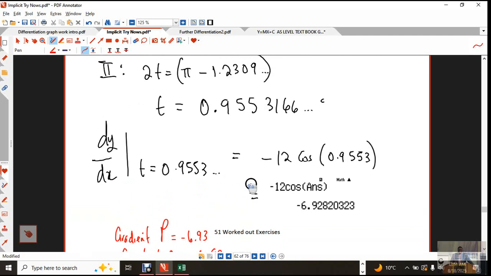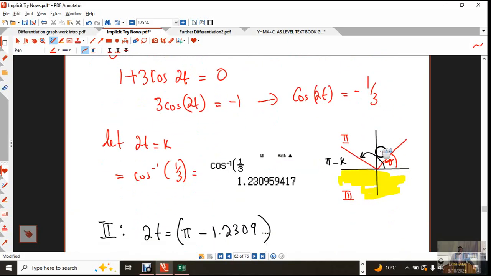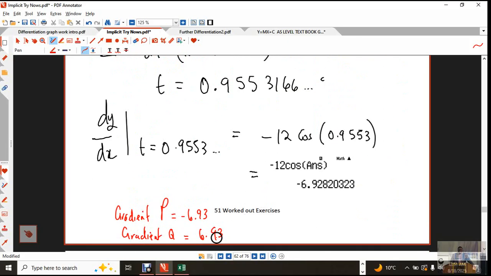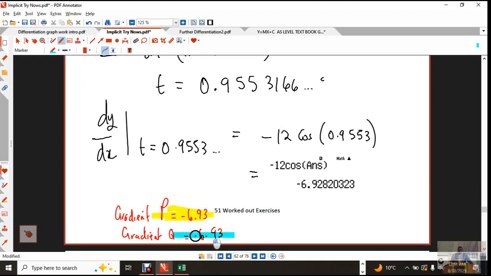Just make sure P has the negative gradient and Q has the positive gradient. Those are the two solutions to the question that we were looking for. It's a very interesting question.